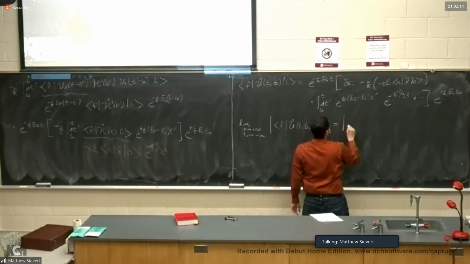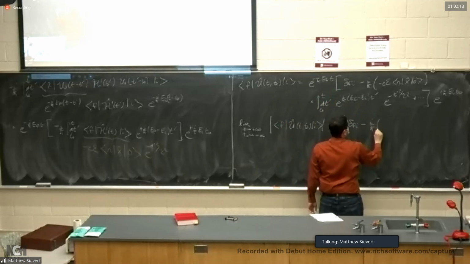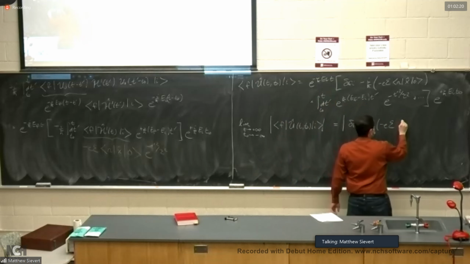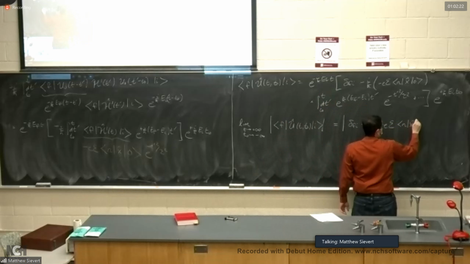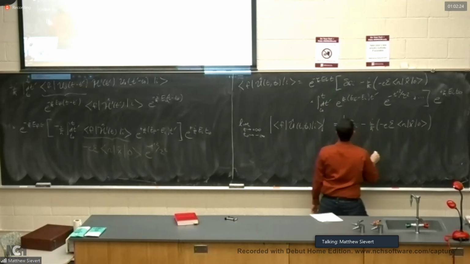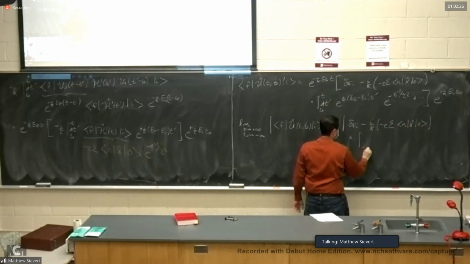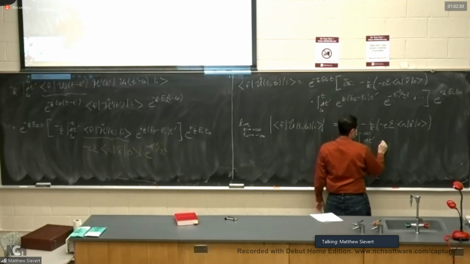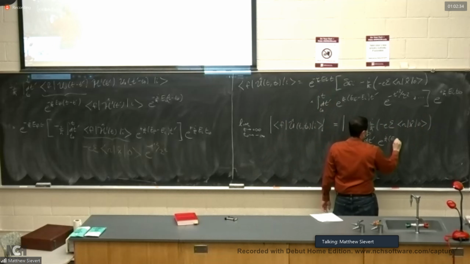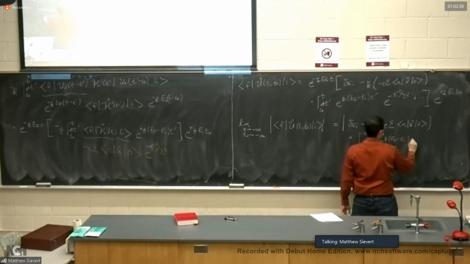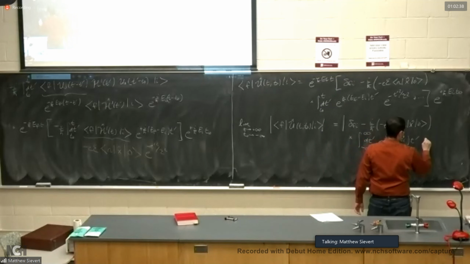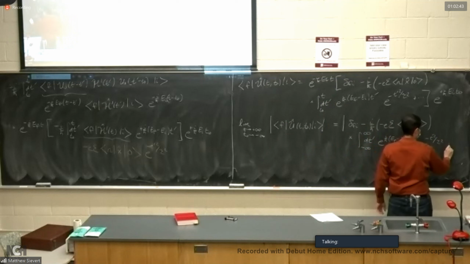Getting rid of that, I just have delta final initial, minus i over h bar, minus EE n x 0, times now the integral from minus infinity to plus infinity dt prime, e to the i over h bar, E final minus E initial times time, times the pulse, e to the minus t prime squared over tau squared.